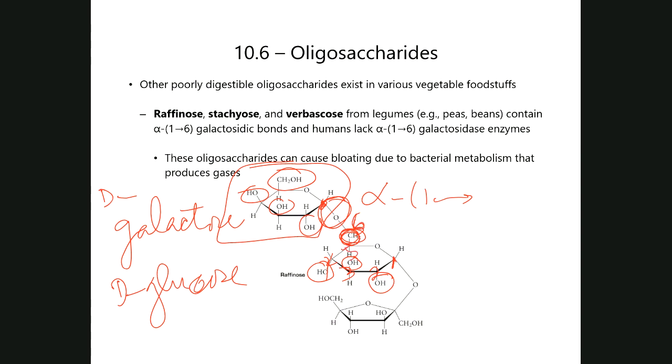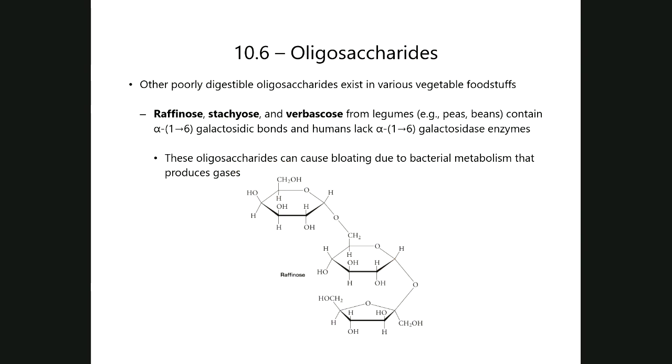Let me clean this up. We've already established this is 1, and that this is alpha, so it's alpha 1, and then here, 1, 2, 3, 4, 5, 6. So it's an alpha 1,6 linkage. So we have a galactose bonded to a glucose in an alpha 1,6 linkage, and then the glucose is bonded to, what's this one?